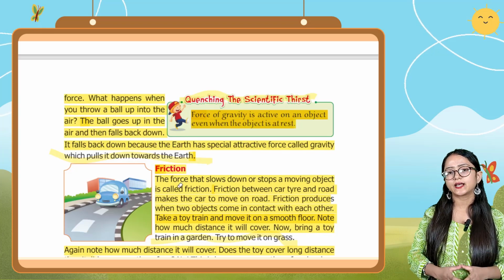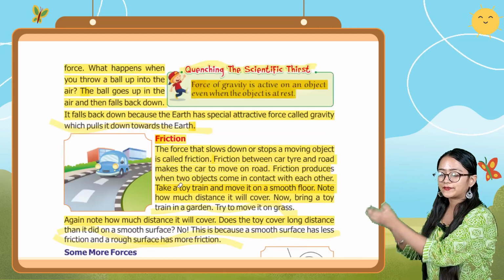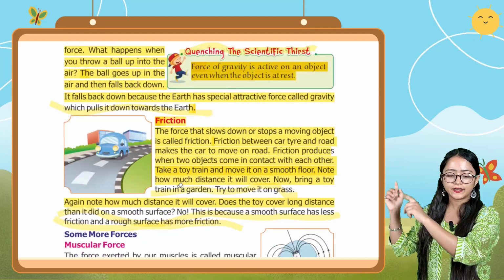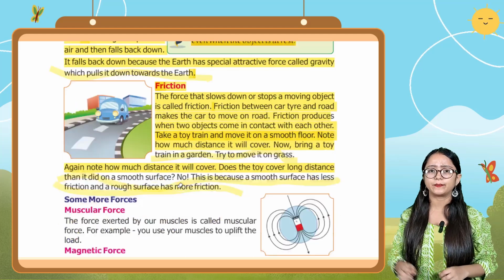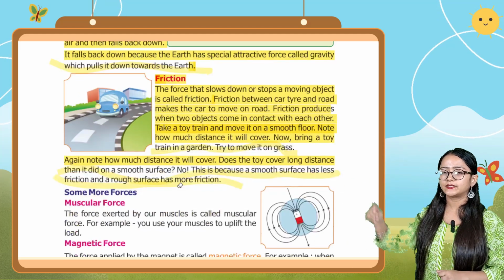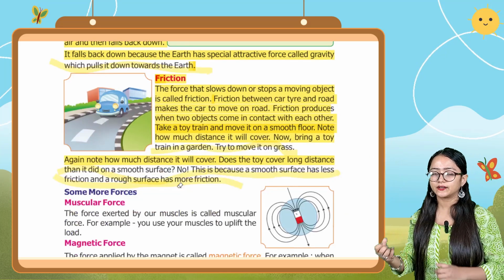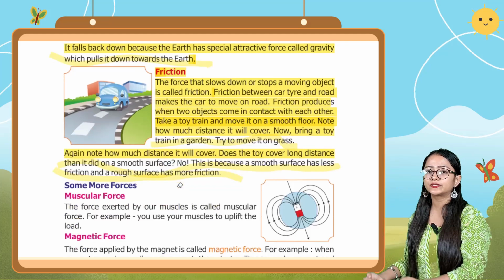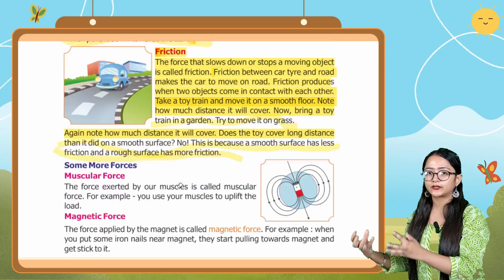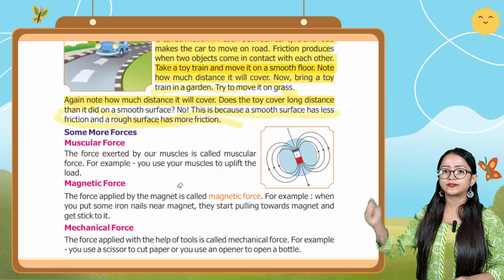Does the ball go upwards or does the ball come down? Basically the ball comes down because the gravity is pulling it. There is a pulling force which pulls that particular object towards the ground. So that is the gravitational force.